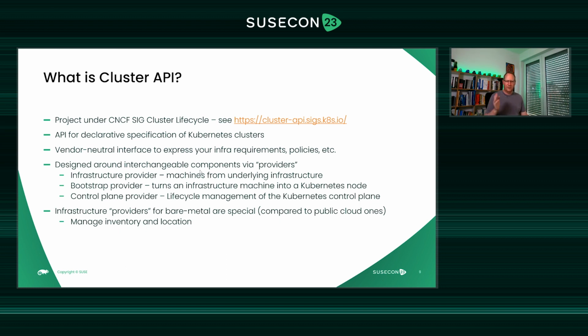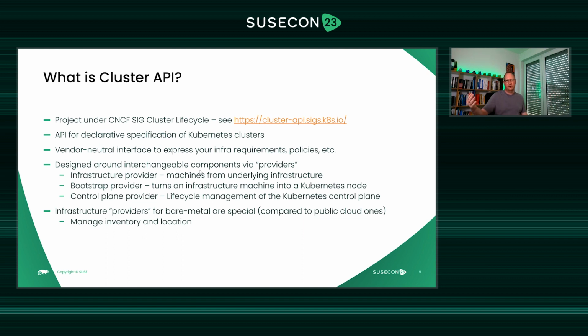Cluster API is designed around a concept that is called providers, which is actually one relatively well-known design pattern in the industry. And there are specifically two types of providers, or strictly speaking three, but the latter two are kind of related to each other. There is the infrastructure provider, which essentially provides machines from an underlying infrastructure.